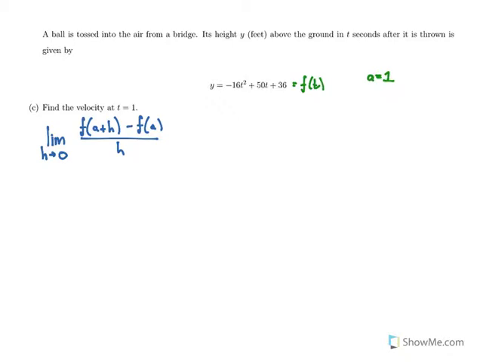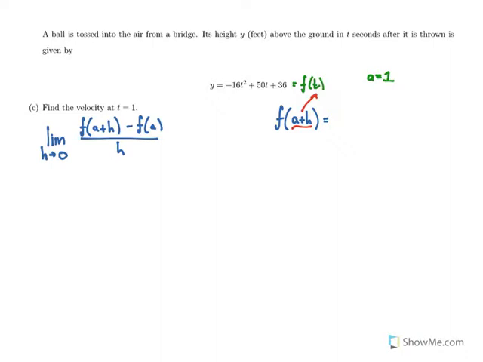So before we get going on this, one thing that we need to go over is how to find f of a plus h. As this is actually one of the biggest issues with this problem, is dealing with that function notation. This is going to be plugging in a plus h for t.